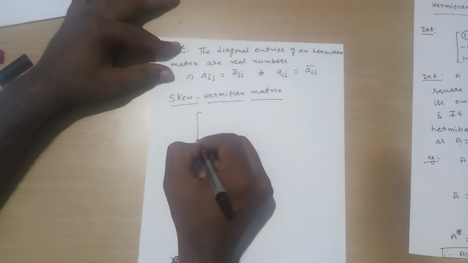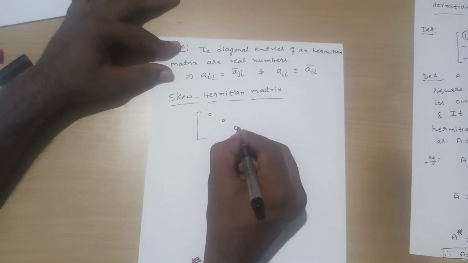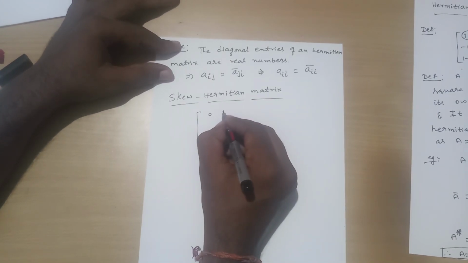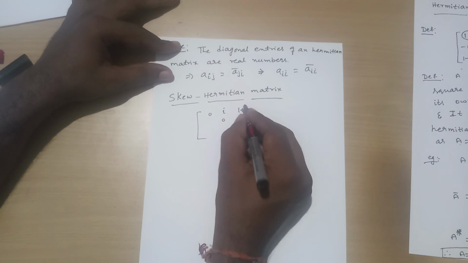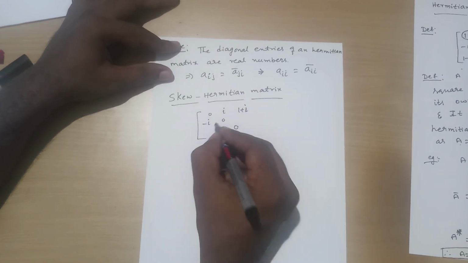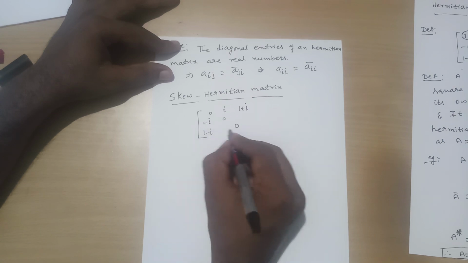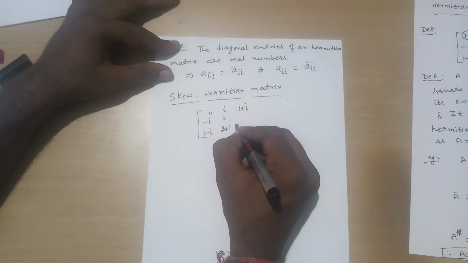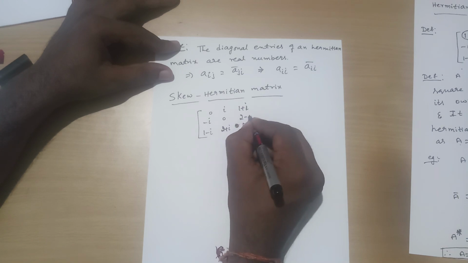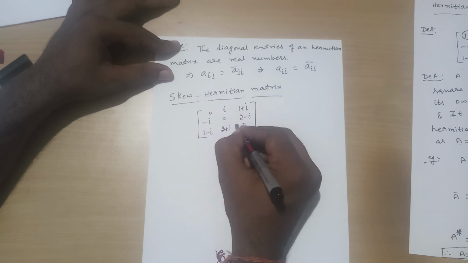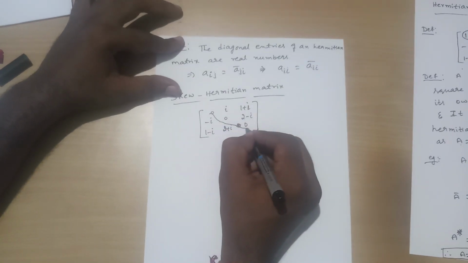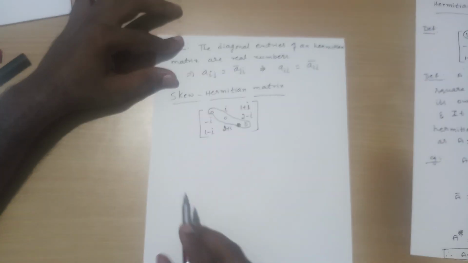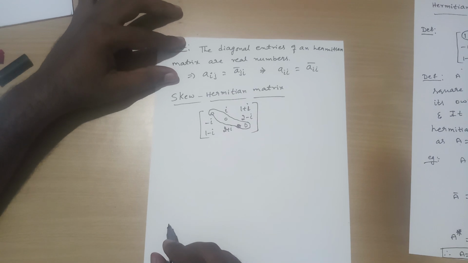It means the diagonal element should be 0, and elsewhere you will get complex numbers. Okay, the diagonal element should be 0. So that is called a skew Hermitian matrix.